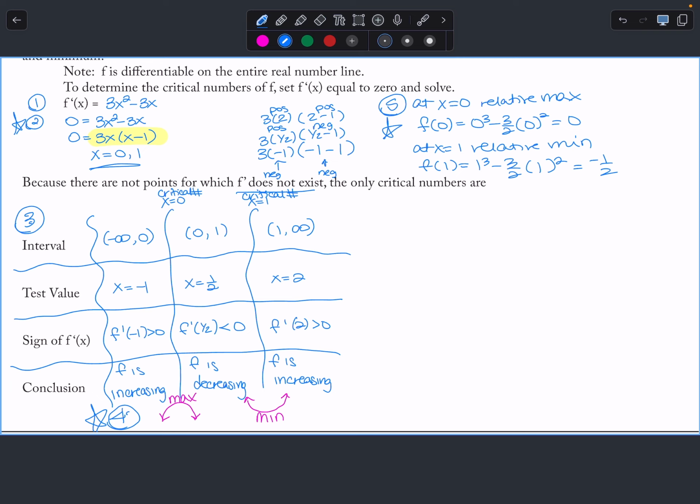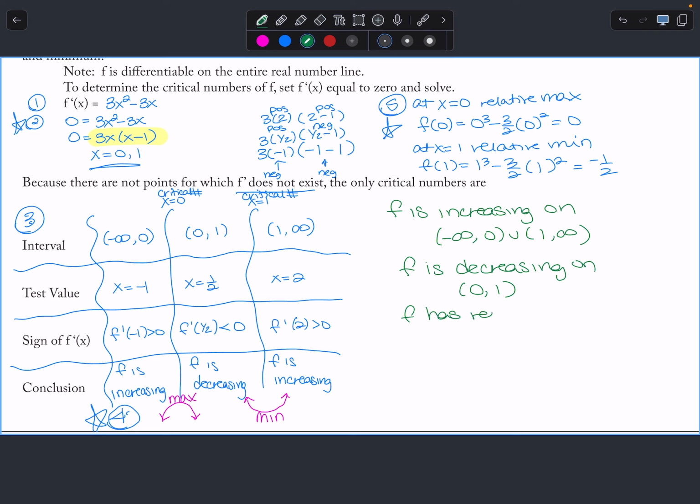Okay. So then I would have, what did I want to know? I wanted to know f is increasing on the interval from negative infinity to 0, union 1 to infinity. F is decreasing on the interval from 0 to 1.